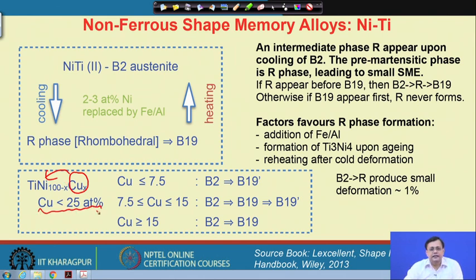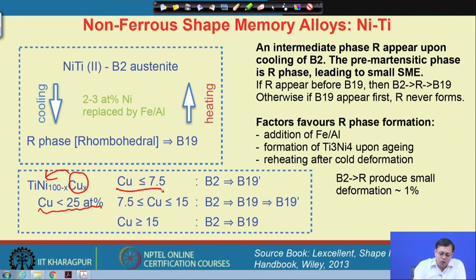However, copper addition never goes beyond 25 atomic percent. So, means titanium 50, nickel 25, copper 25, that is the maximum composition, and people do not prefer more than that, because no other transformation will occur and martensitic transformation will be retarded.